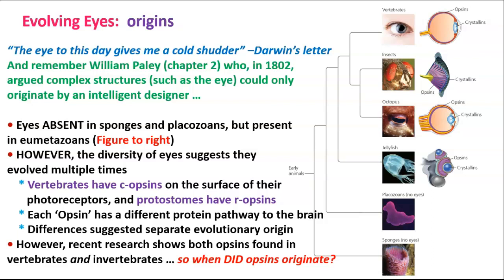They don't have eyes. But eyes are present in eumetazoans, cnidarians, and bilaterians. And you can see that on the cladogram placed on the right side of the slide. No eyes in sponges, no eyes in placozoans, but eyes appear in various lineages of eumetazoans.